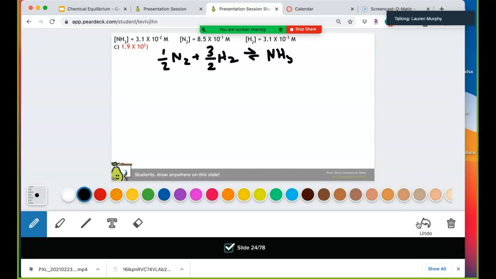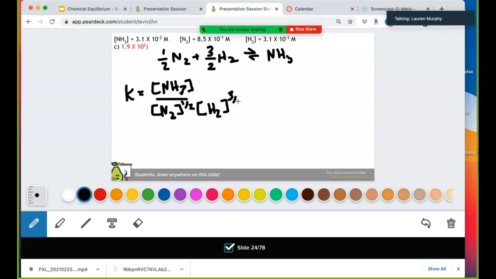You go, okay, write the equilibrium expression. So it's K equals products, so I have ammonia, divided by reactants, yucky exponents.